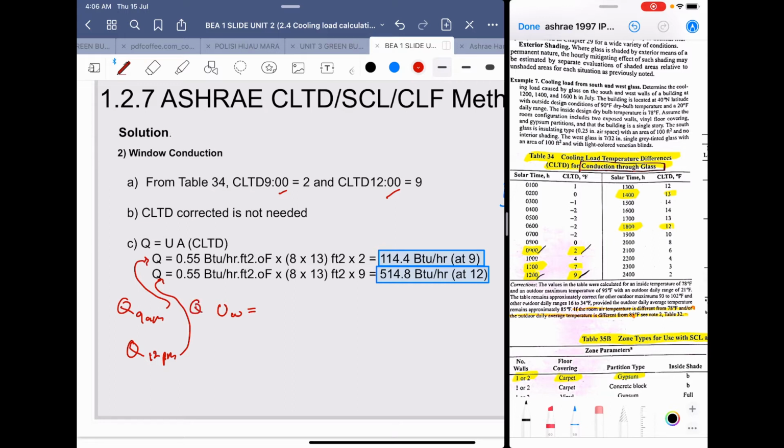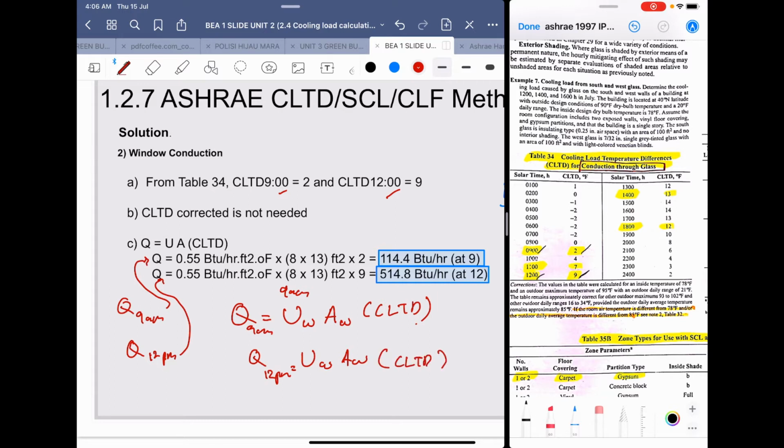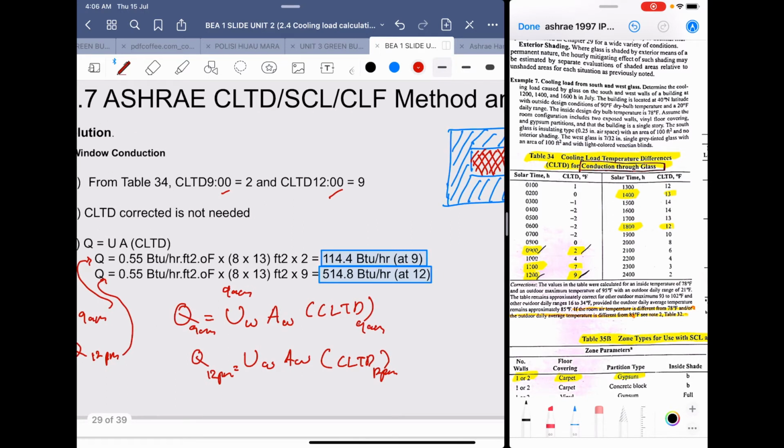So Q equals U value of the wall, times the area of the wall, times the CLTD. Two conditions: one is at 9 a.m. and another one is Q at 12 p.m.